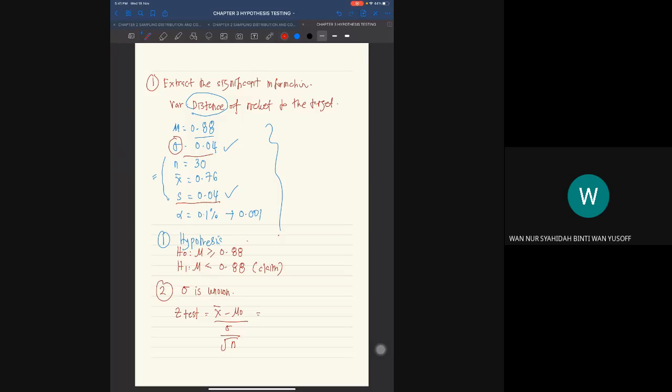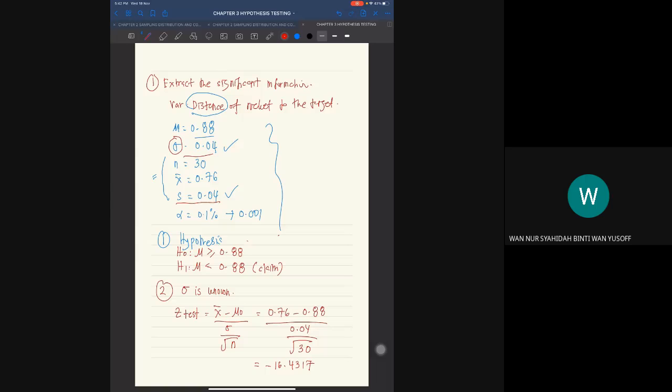So your X bar 0.76 minus mu naught 0.88, sigma 0.04 and then n is 13. So you will get negative 16.4317. There is no unit for the test statistic.